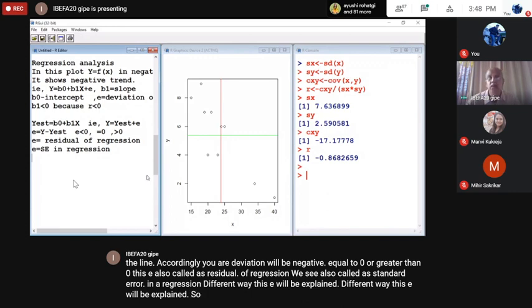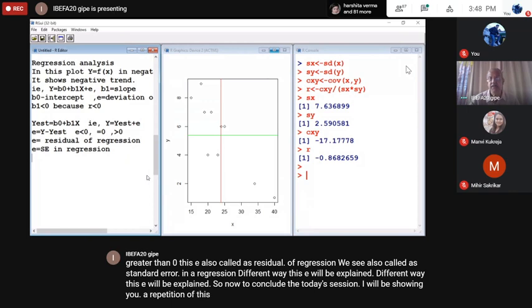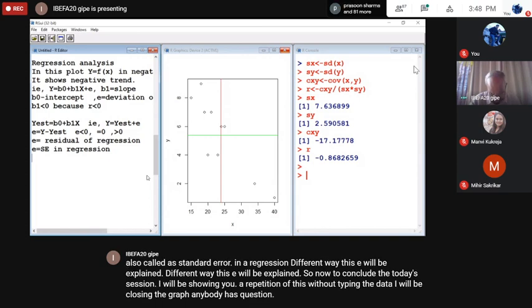So now, to conclude today's session, I will be showing you a repetition of this without typing the data. So I will be closing the graph. Anybody has a question?